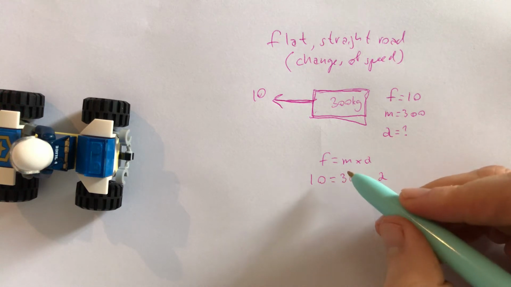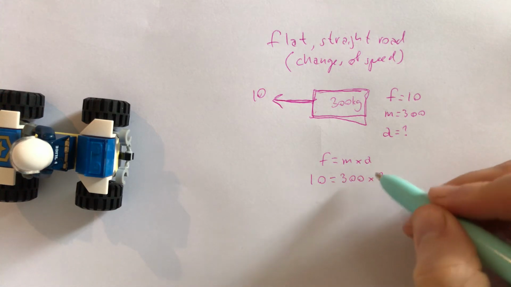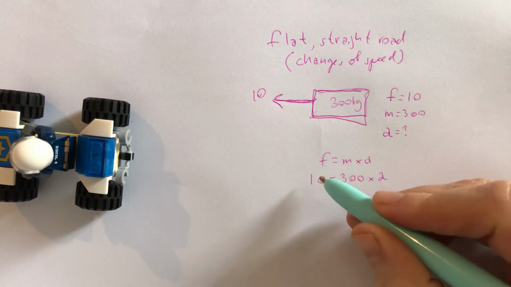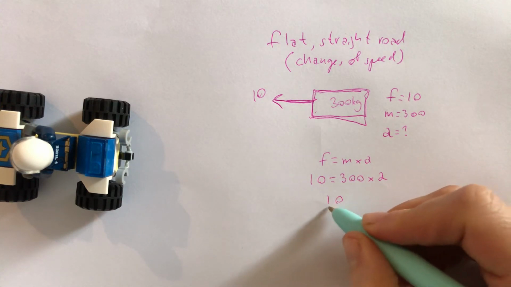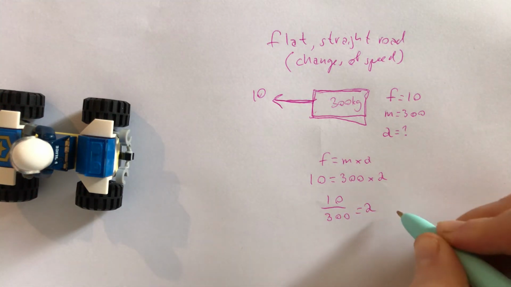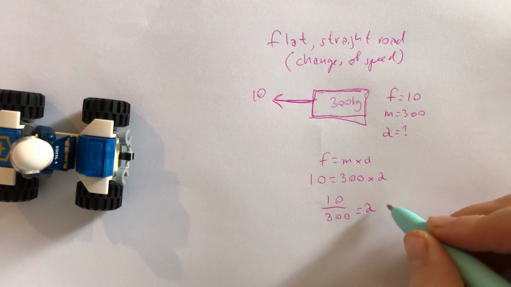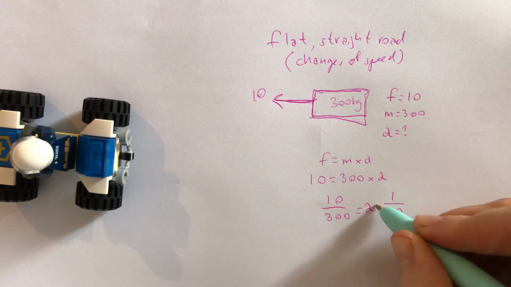Different ways of approaching this. I just like to realize there's a missing value here. So 300 times something is equal to 10. So it's got to be something very small. And the way you could do it is 10 over 300 gives us that acceleration. So 10 divided by 300, remember, you can do 1 over 30.